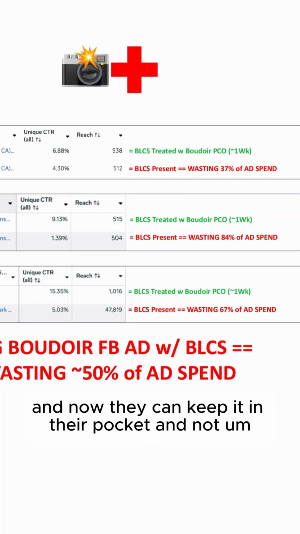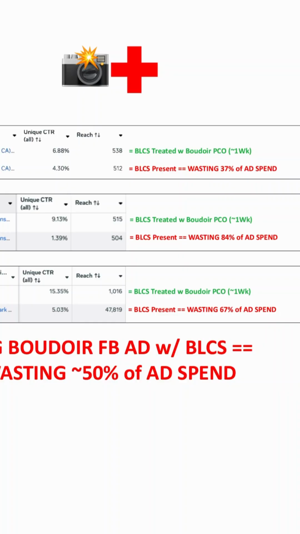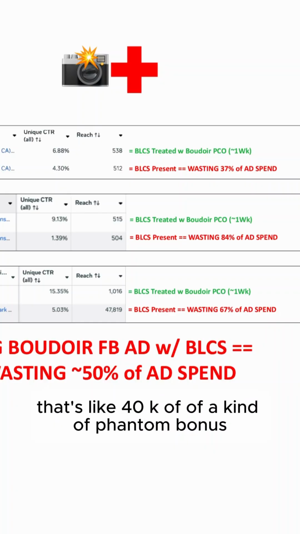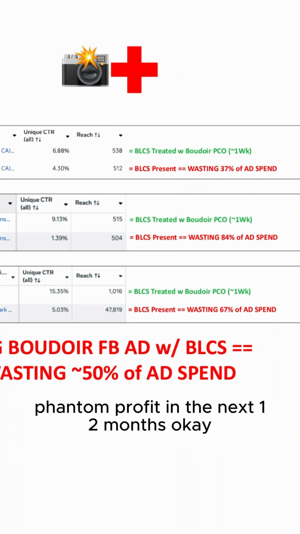And now they can keep it in their pocket and not waste it. That's like 3,700 bucks a month, that's like 40K of phantom bonus, phantom profit in the next 12 months.